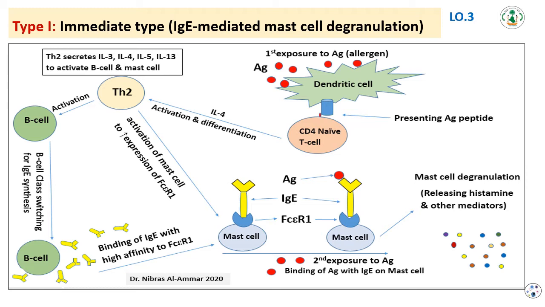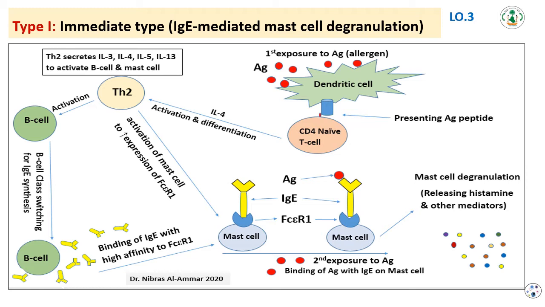T helper 2 secretes interleukin 3, 4, 5, 13 to activate B cells and mast cells. Activation of B cells leads to B cell class switching for IgE synthesis. The B cell then secretes IgE.